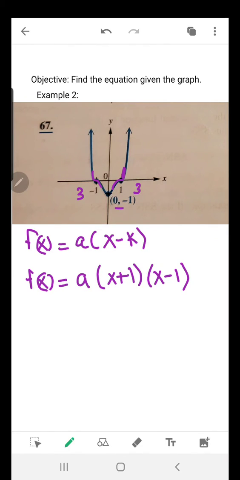You see here we're given a point, (0, -1). So we know 0 is our x, and -1 is our f of x.